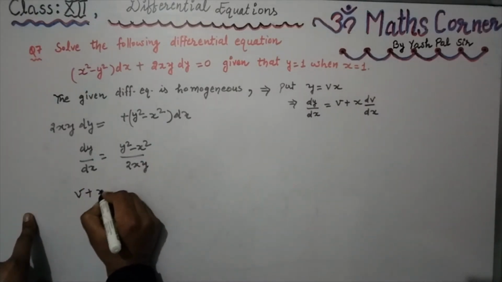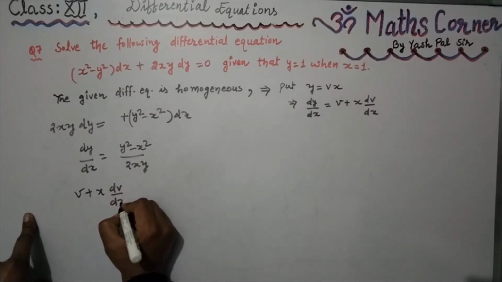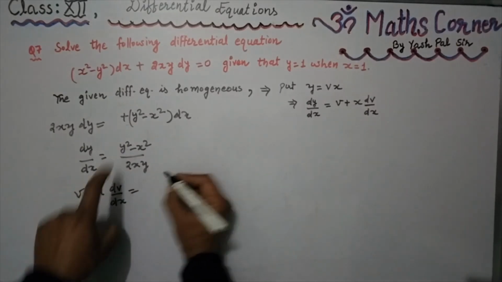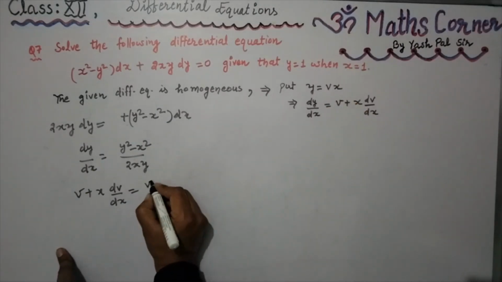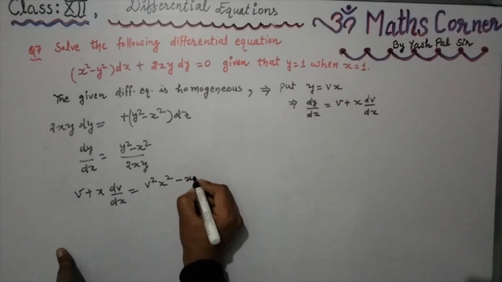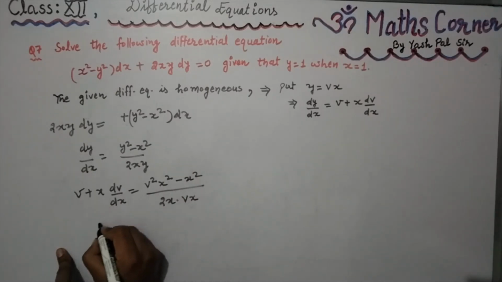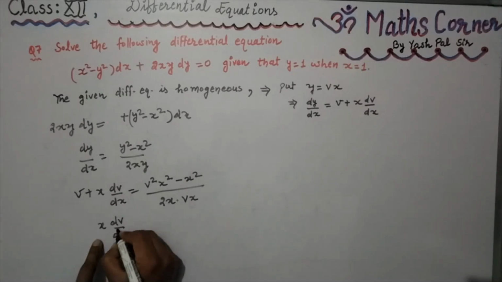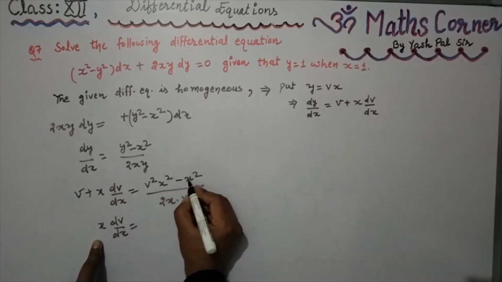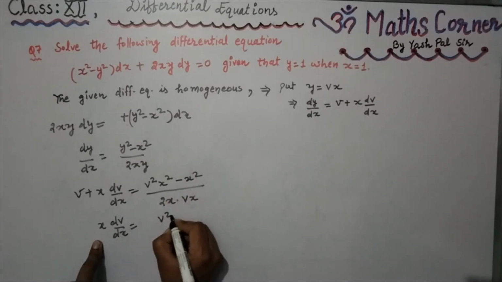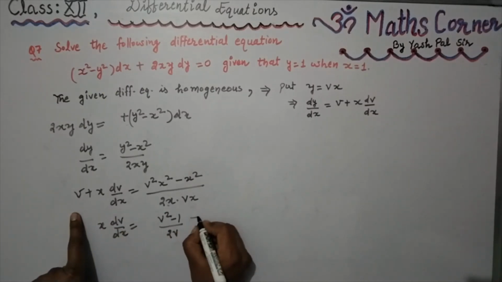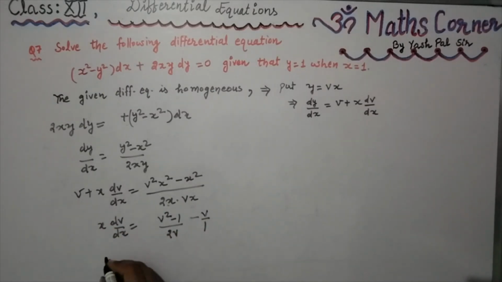So we now apply this rule, that is v plus x into dv dx, which becomes, on the right hand side, v square into x square minus x square upon 2x into vx. So x into dv dx is equal to, taking x square common, x square cancelled, v square minus 1 upon 2v, minus v.